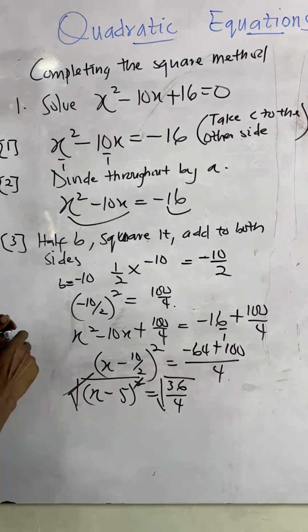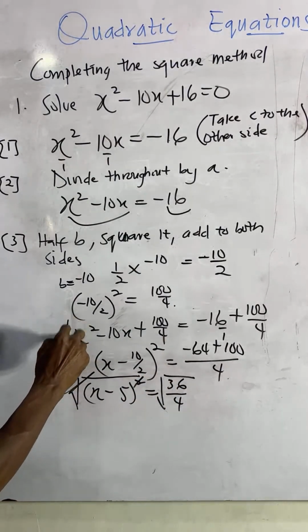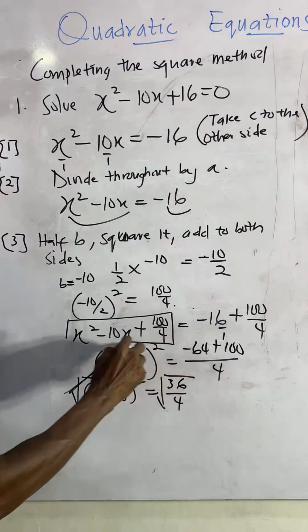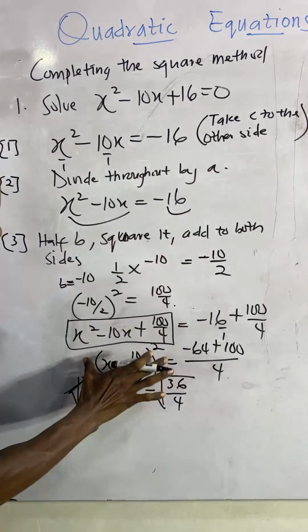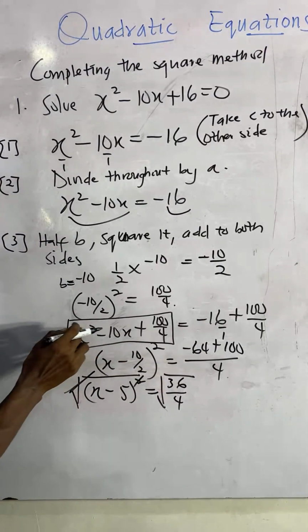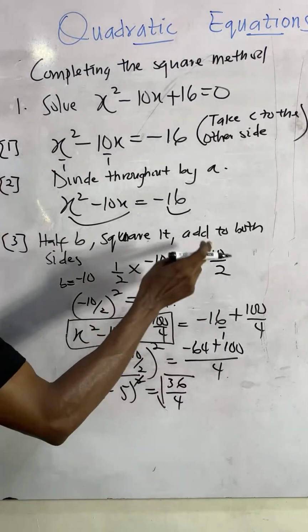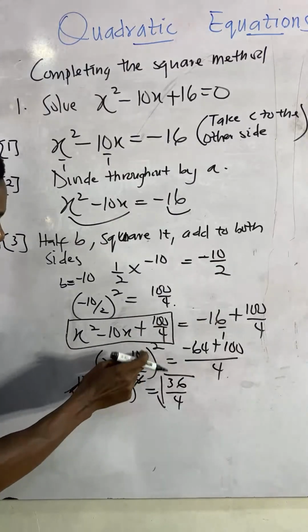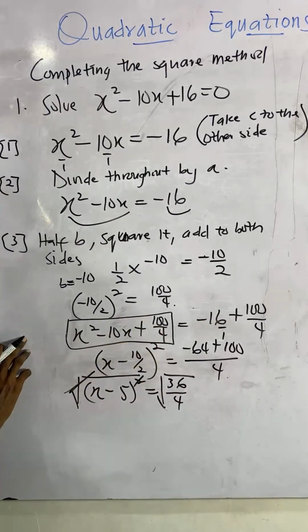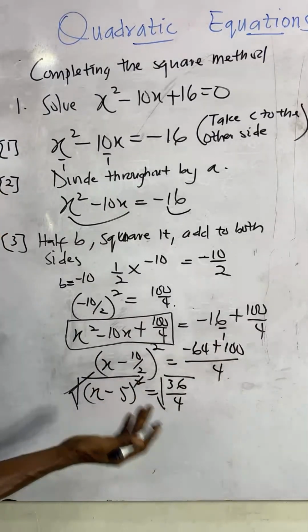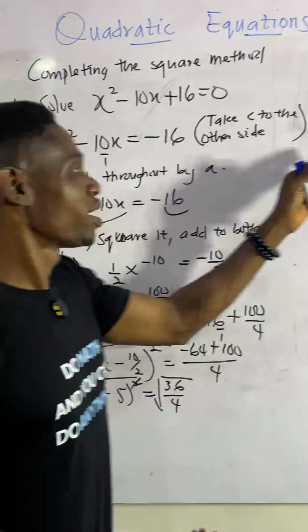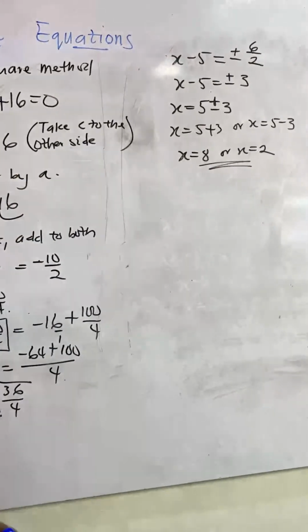Now interestingly, this side of the equation, since we've completed the square, will give us a perfect square, which is just x minus 10 over 2, squared. It gives you this, and then you have equal to this. So we did basic calculation and we arrived at 8 and 2.